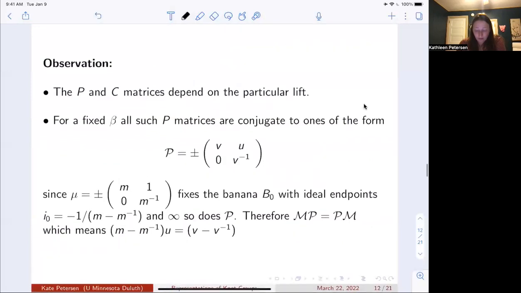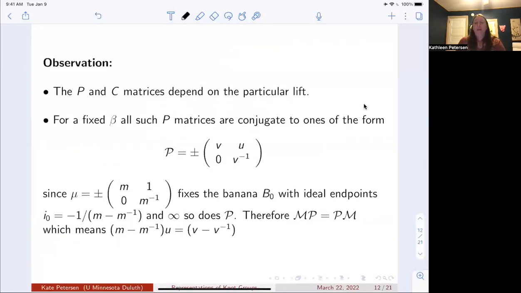Okay, so if we step back, what do we have? We have the building blocks of a representation. I've picked a base point on the knot. I want to make a Wirtinger generator, see where it goes in terms of matrices that represent isometries of H3.